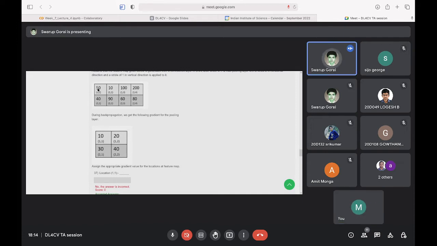When I backpropagate, the gradient goes back only to the picked location. So 10 goes to the location of 50, 20 goes to the location of 200, 30 goes to the location of 90, and 40 goes to the location of 80. In the remaining locations the gradient will be 0.